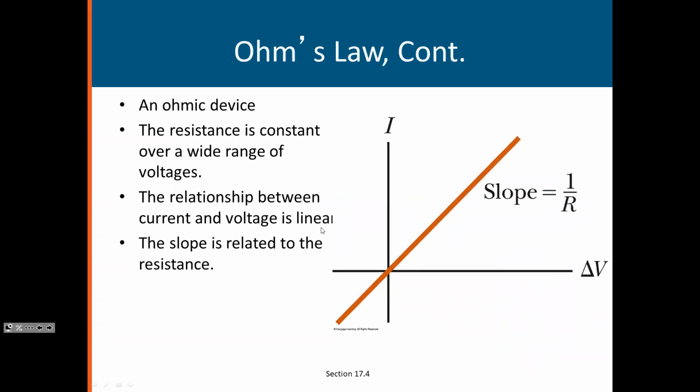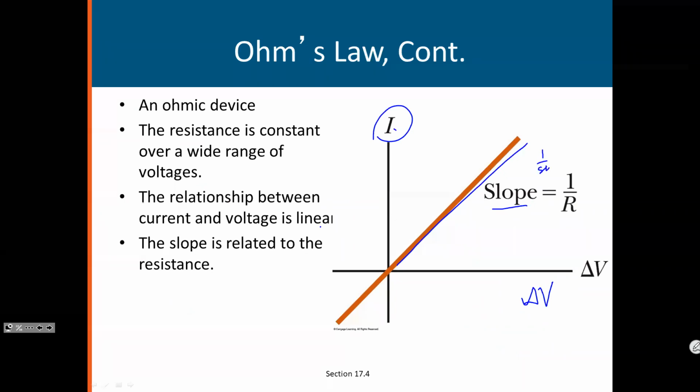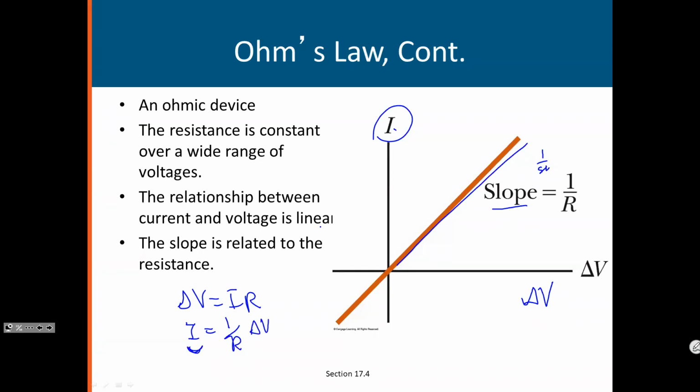Now here we have a graph where Ohm's law is obeyed, because it's a graph of I against delta V. So we have a straight line. That means R is not the slope, it is 1 over the slope, because I is on the y-axis and delta V is on the x-axis. The relationship is delta V equals IR, so I is equal to 1 over R times delta V. I is the y-axis and delta V is the x-axis.